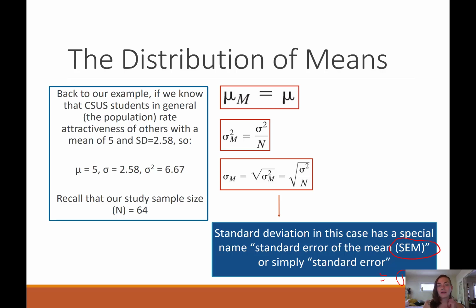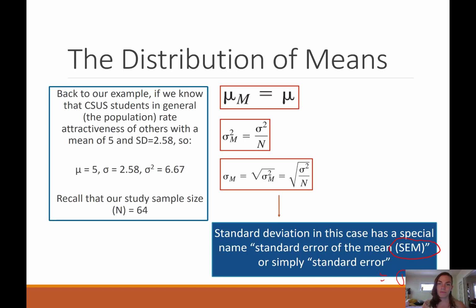I also know that my sample size was 64. I sampled 64 individuals for my study from this comparison population. So now in step 2 of hypothesis testing, if I wanted to see whether my sample, after they're told really positive ratings of the person in the photo, gives a higher attractiveness score than the average student at Sac State, then I need to consider the characteristics of my comparison distribution.